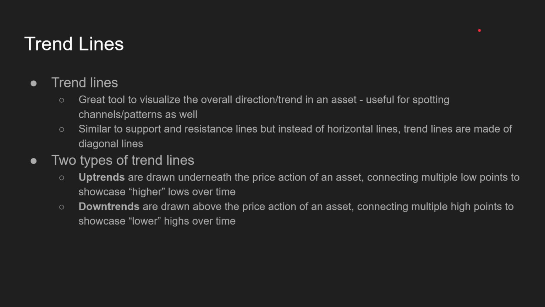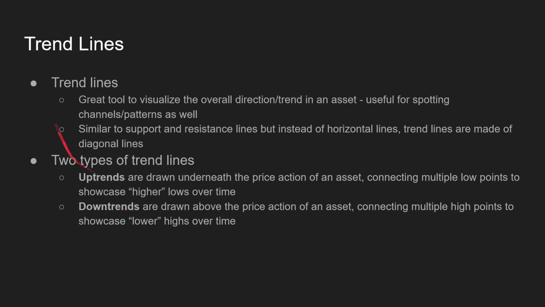Now, in a downtrend, we see the same, but in reverse. Downtrends are drawn above the price action of an asset, connecting multiple highs to showcase lower highs over time. So in this case, let's say price is moving like this, right, in this downward movement. Once again, price does not move in a straight line. It'll see peaks and valleys on the way up and on the way down. What we're really focusing on is the bigger picture and what direction those peaks and valleys are moving in.